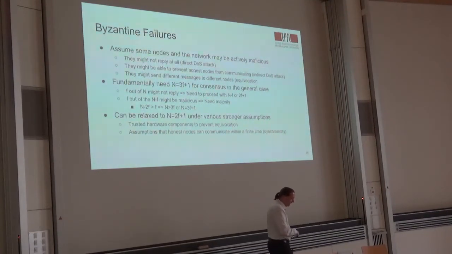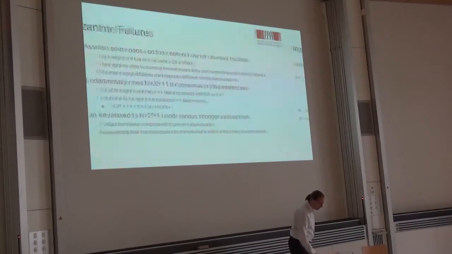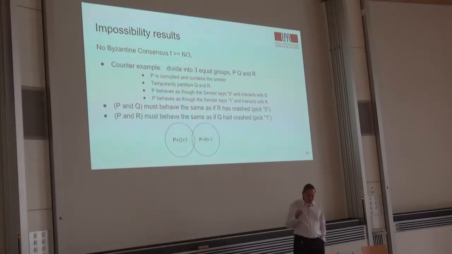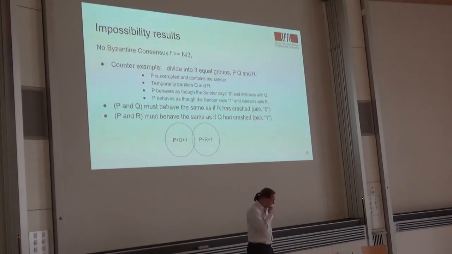But the deeper, more subtle question is, why do we need 3f plus 1 rather than 2f plus 1 in the Byzantine case, right? This is not quite as trivial to show or to explain, but I hope this gives you an intuitive idea.